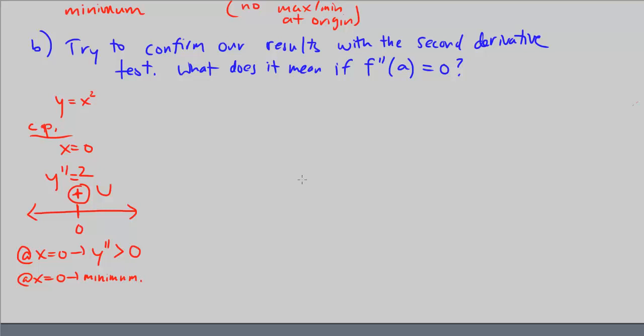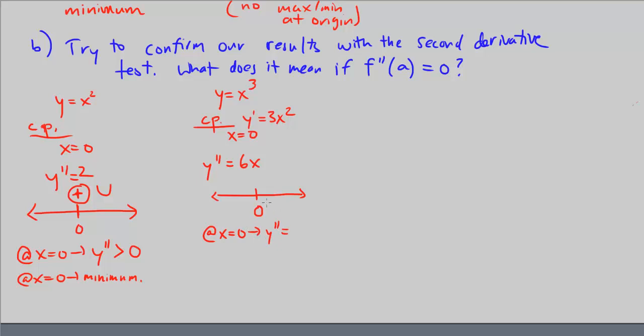right? Now let's go ahead and look at y is equal to x cubed. We have our critical points from above at x equals 0. We have y prime equals 3x squared. So then we have y double prime is equal to 6x. So let's go ahead and plug in onto our number line all of our critical points, 0. At x equals 0, y double prime is equal to, well, now we have to plug in x is equal to 0.